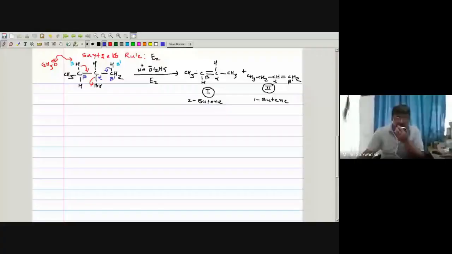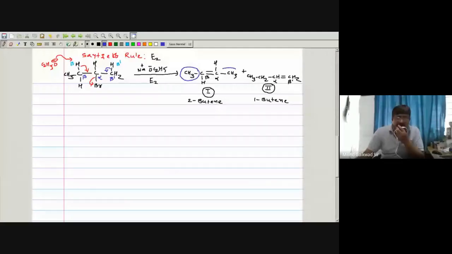Here is an R, right? Here is an R. In this case, there are two alkyl groups. We can say this methyl group and this methyl group are directly attached, so I can label this as one R directly attached, and the other R is this one.